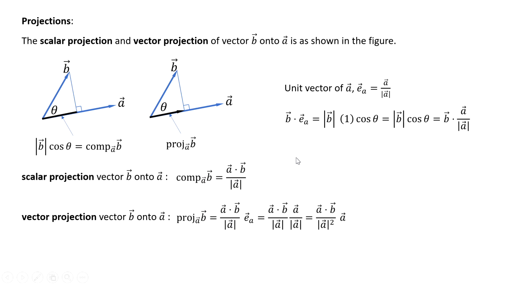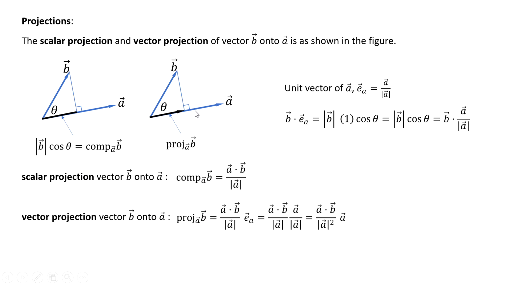And how do we get that same thing represented as a vector? Well, if we know this magnitude, all we need to do is multiply by the unit vector. Let me repeat that. This vector projection, because it is a vector whose magnitude we know from this component of B with respect to A, we now need to take that magnitude and multiply by the unit vector along that direction.